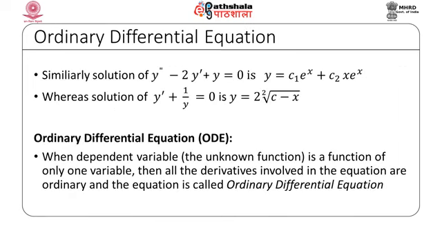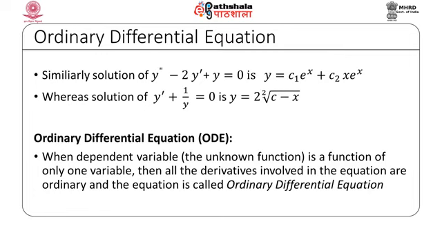Similarly, we can see that the solution of y double dash minus 2 y dash plus y equal to 0 is given by y equal to c1 e raised to x plus c2 x e raised to x. All one needs is to differentiate y with respect to x to form y dash, again differentiate to get y double dash, and substitute those expressions in the left side, that is y double dash minus 2 y dash plus y, and you should get the result equal to 0.